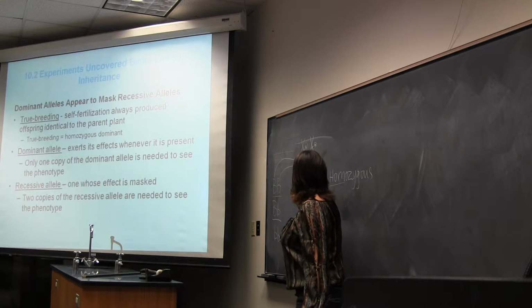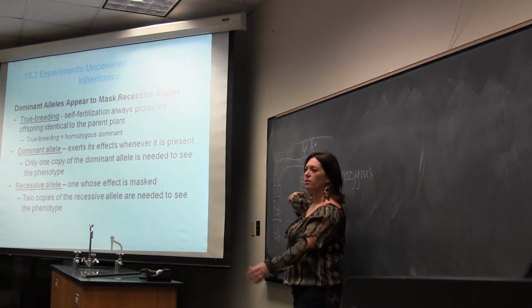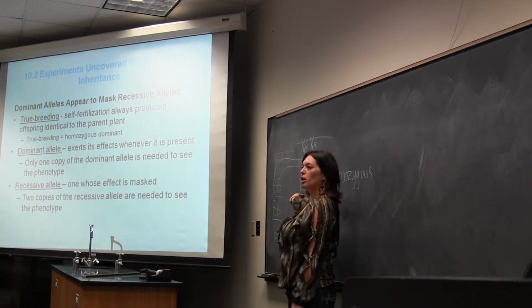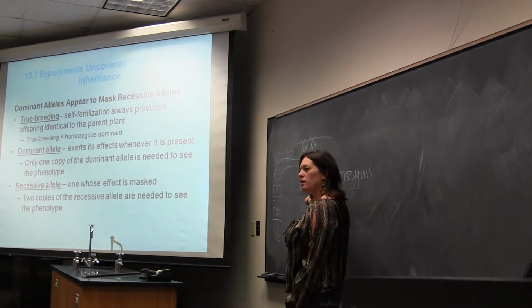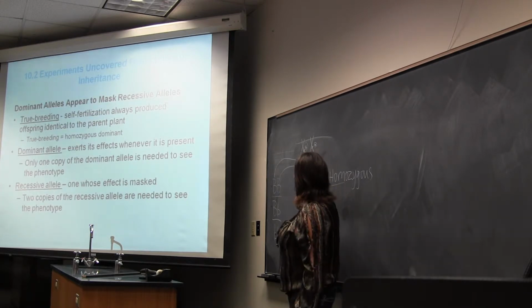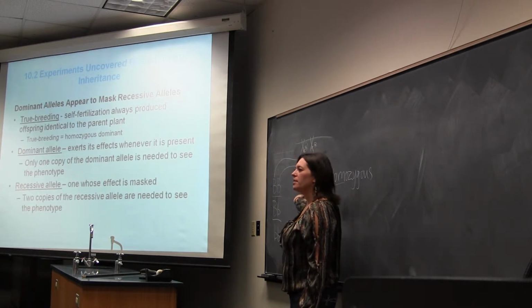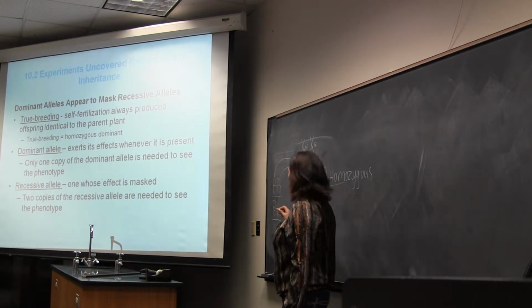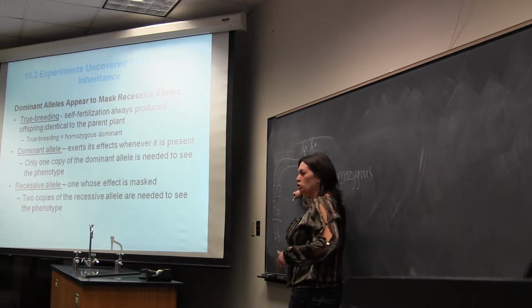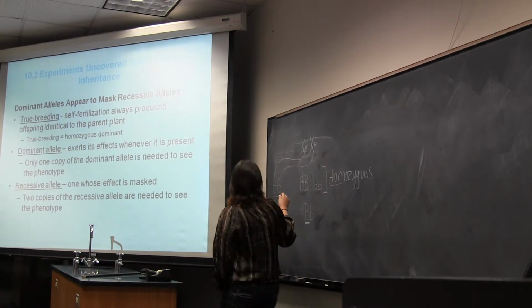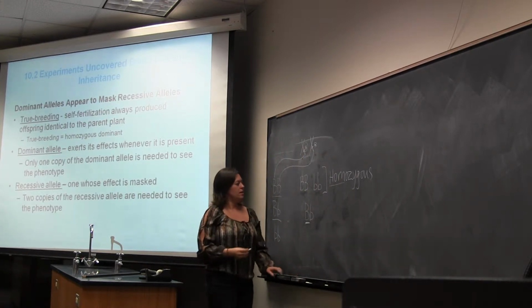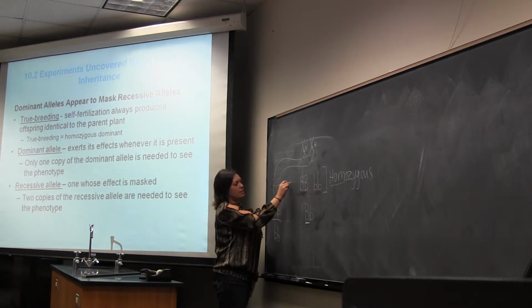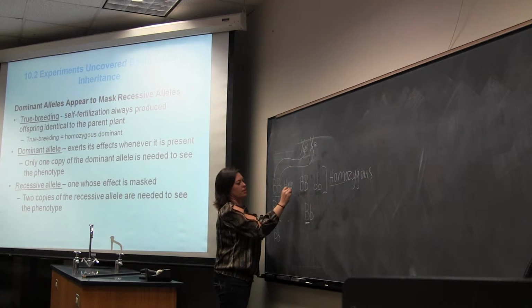So they're the same as their partner. They're both uppercase, or they're both lowercase. If they're both uppercase, then we call that homozygous dominant, because it's showing the dominant phenotype. And so this guy right here is going to be homozygous dominant.